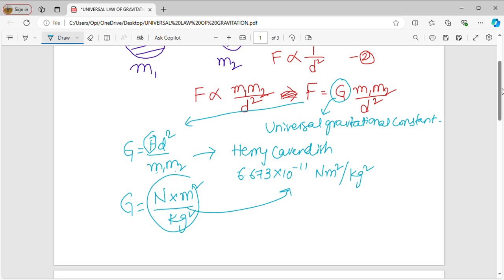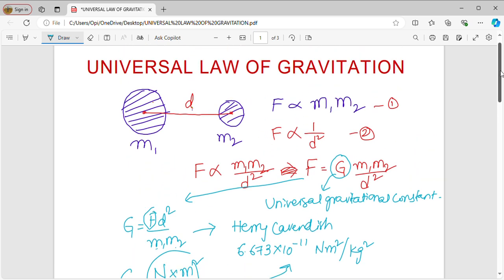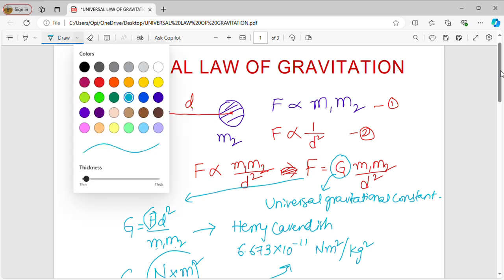A basic question about this law is whether it is applicable to all the objects in the universe. Yes, it is applicable to all the objects, whether small or big, irrespective of that.